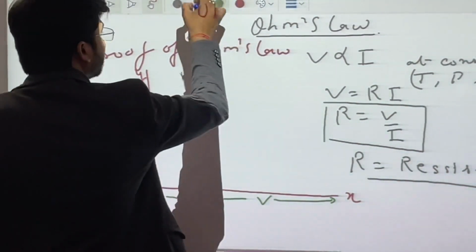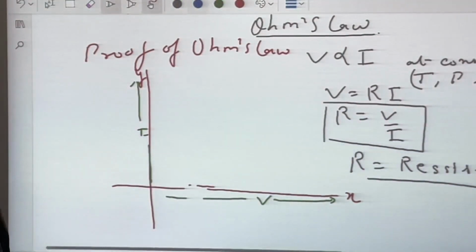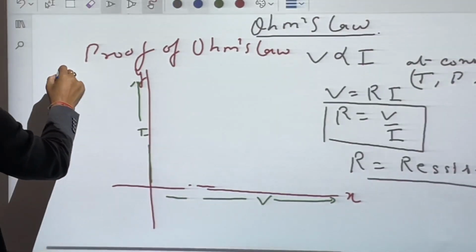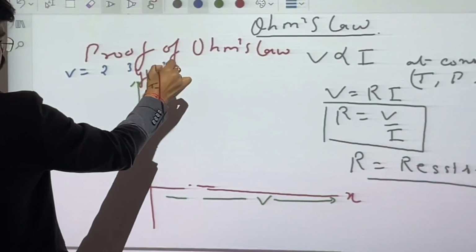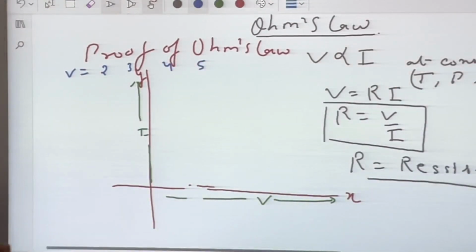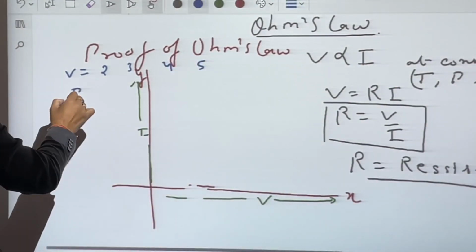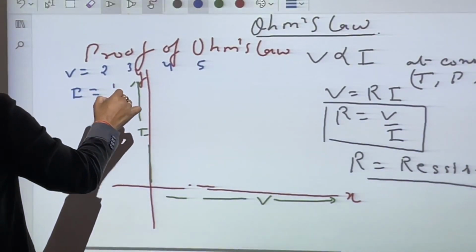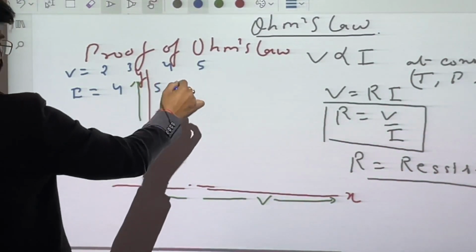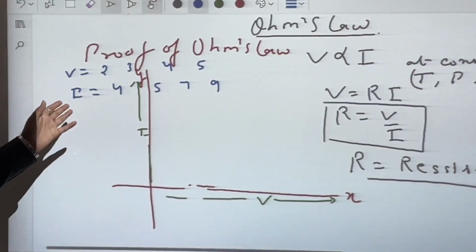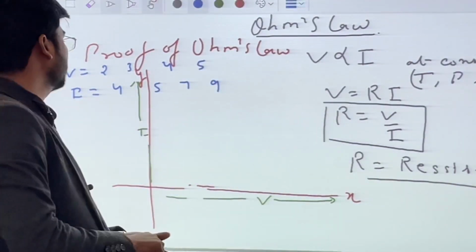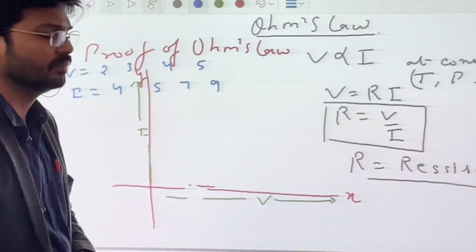So if we have some values, V equals 2 volt, 3 volt, 4 volt, 5 volt, and I equals 4 ampere, 5 ampere, 7 ampere, and 9 ampere.